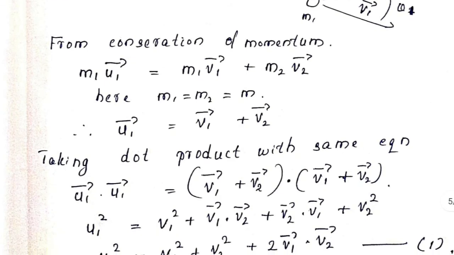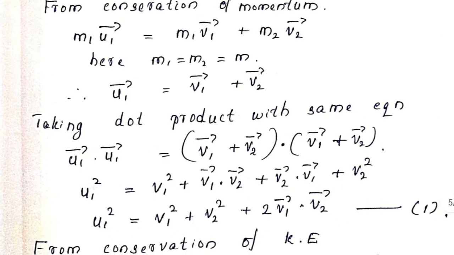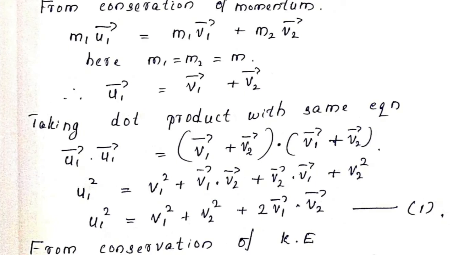So the equation gets simplified as u1 equals v1 plus v2. Now for this equation, we take the dot product with the same equation. Therefore, u1 dot u1 is equal to (v1 plus v2) dot (v1 plus v2).